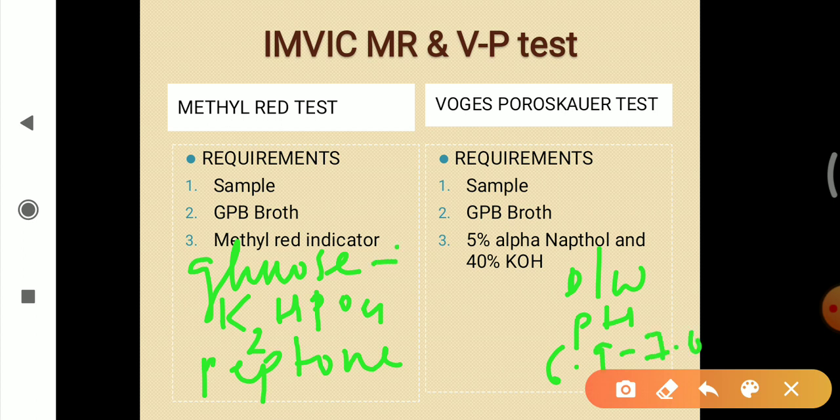Here, glucose will work as the sole source of carbon, or we can say the sole source of carbohydrate. K2HPO4 will work as a buffering agent, whereas peptone will work as a multi-nutrient.